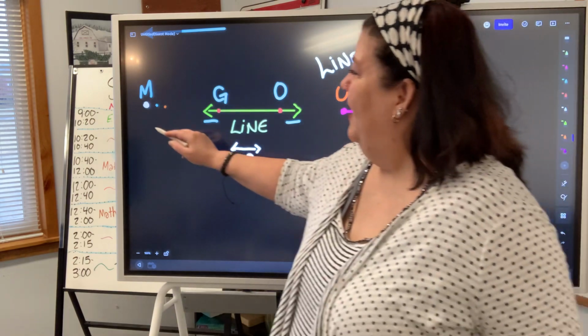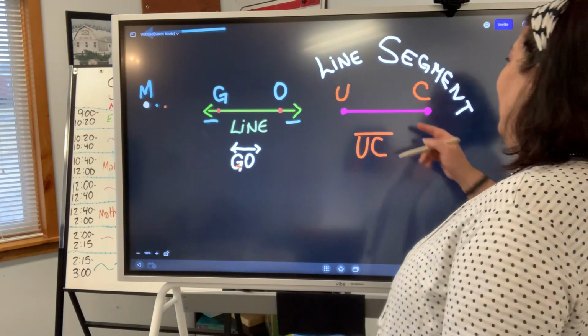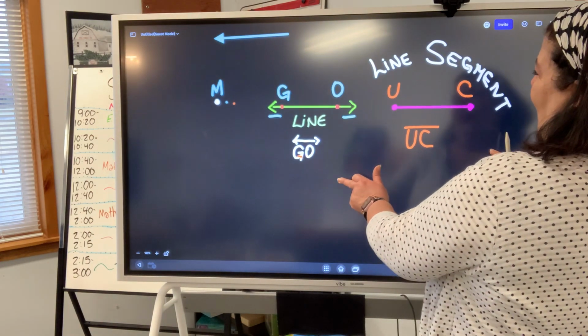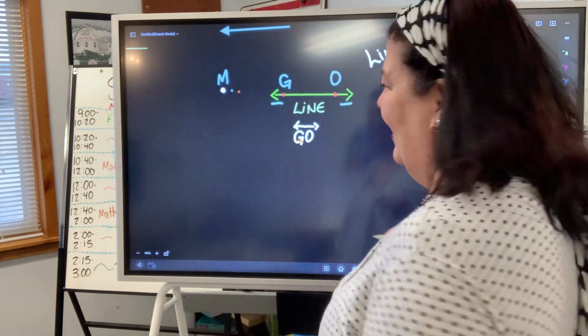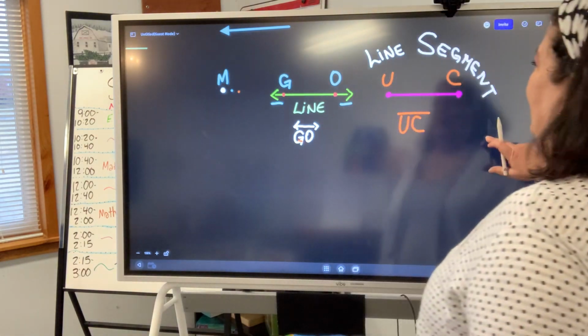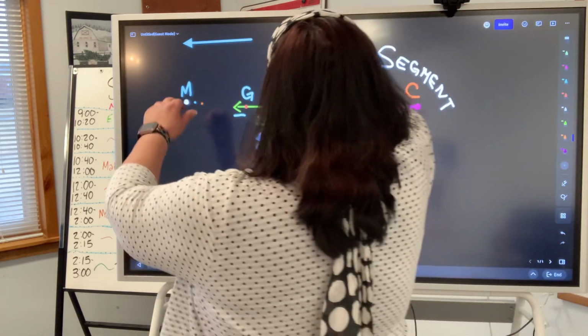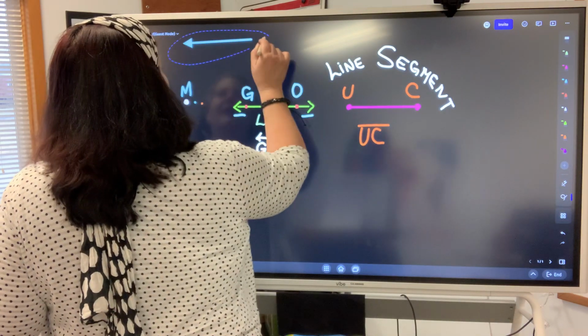So we have our point, we have our line that goes on forever and ever, we have our line segment. What? There is more? There is absolutely more. Oh, I could use this one right here. Look how nice. Come here.